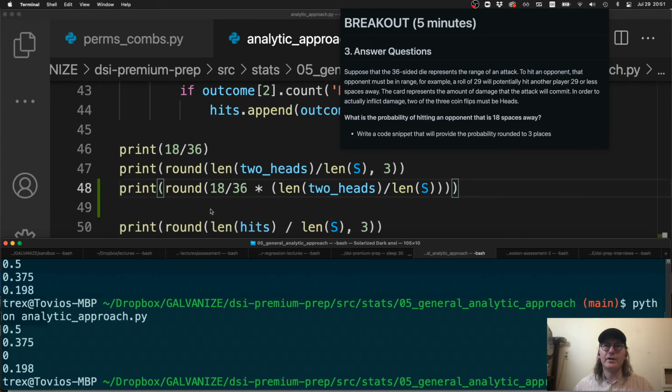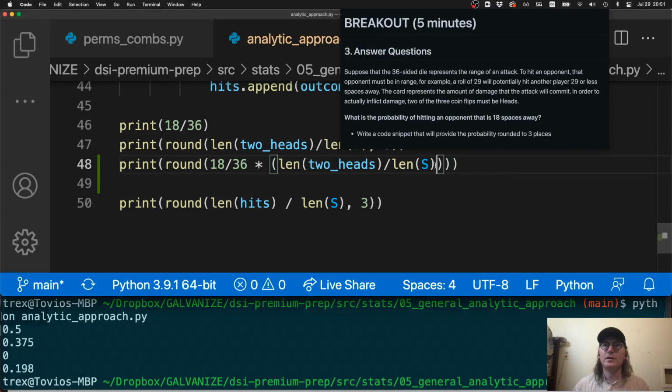Why am I getting that error? Oh, because I'm rounding to 1. And I want to round to 3 places.